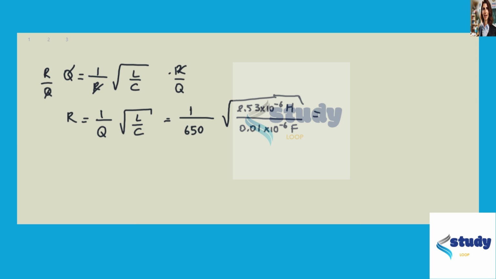Then our resistance is going to be 2.4 times 10 to the power of negative 2 ohms.